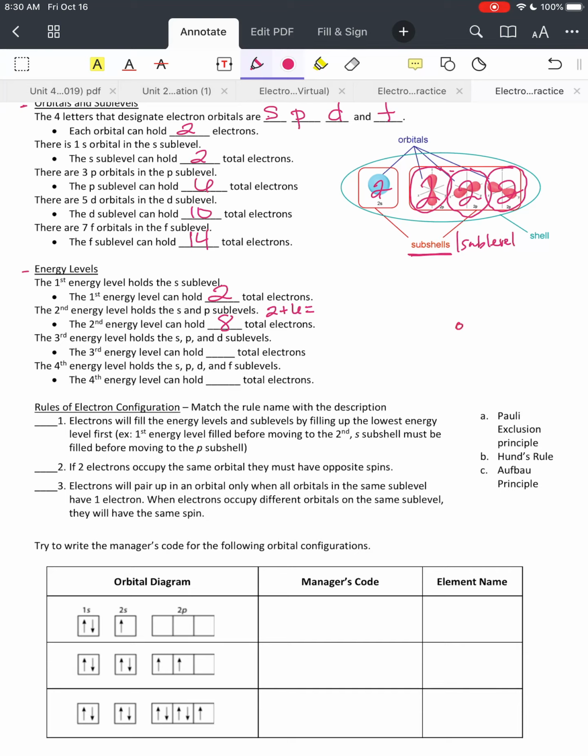Which makes sense so far if we think about what we've learned about the Bohr model in the past, right? When you were filling in electrons, you always put 2 on the first circle, and your next circle, you were told it could hold 8. This is where those numbers are coming from, based on how many s and p orbitals you have.